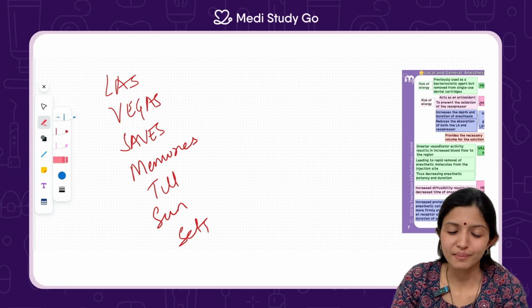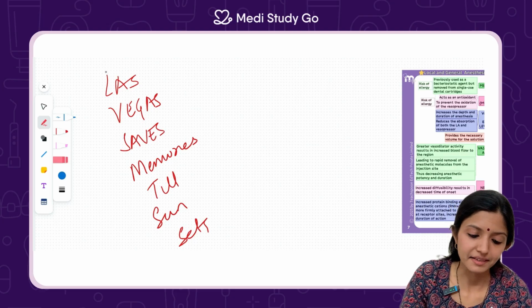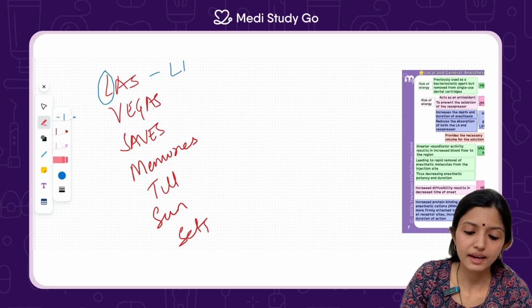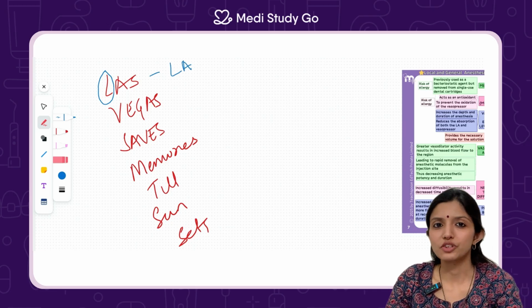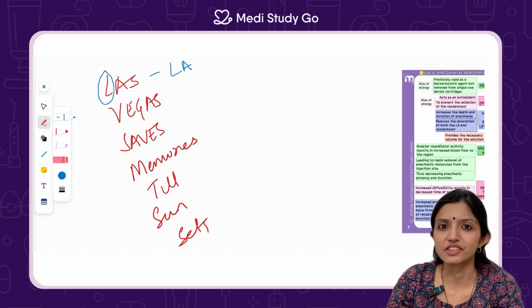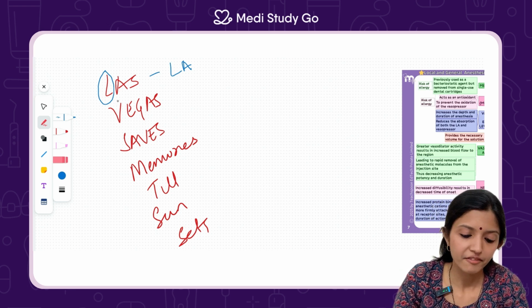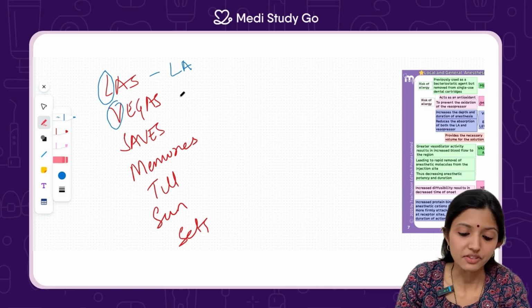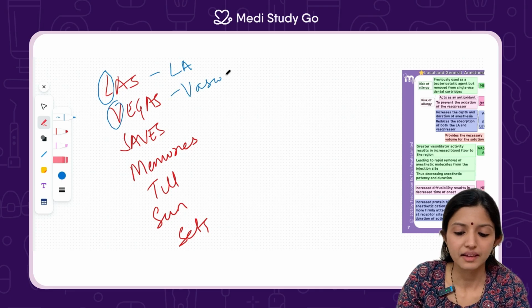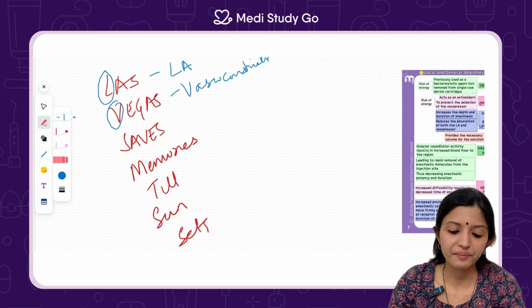You just have to remember the first letter from this sentence, that is Las Vegas L. L is your local anesthetic molecule, which could be lignocaine, lidocaine, bupivacaine, any ester or amide molecule, that is your local anesthetic. V is your vasoconstrictor, such as adrenaline in whatsoever concentration you require.